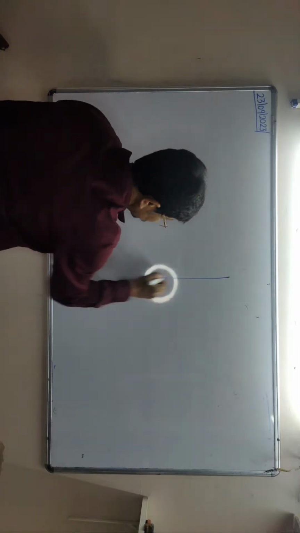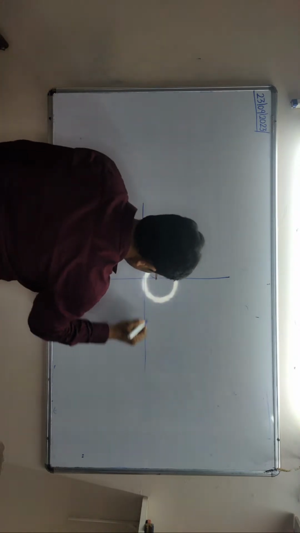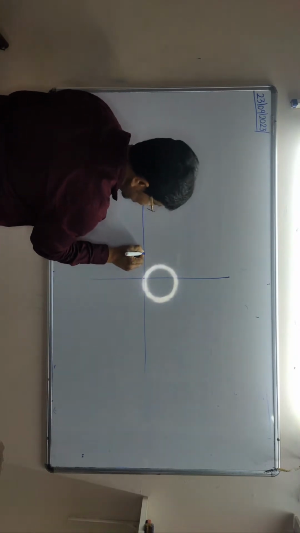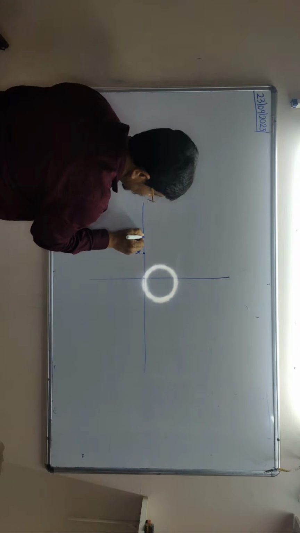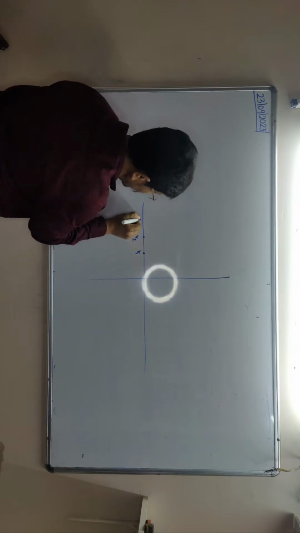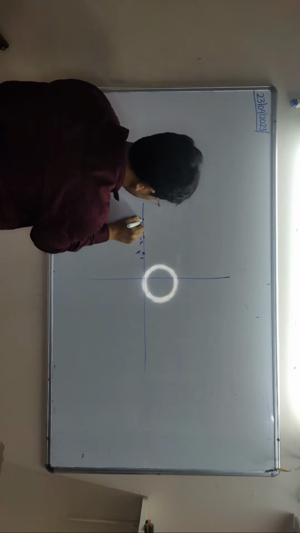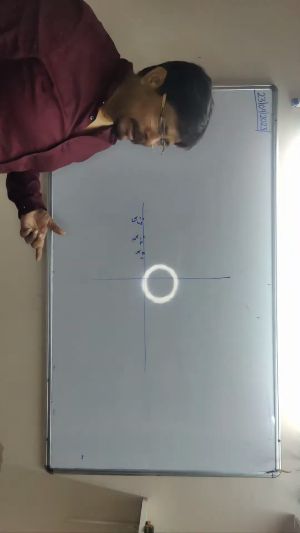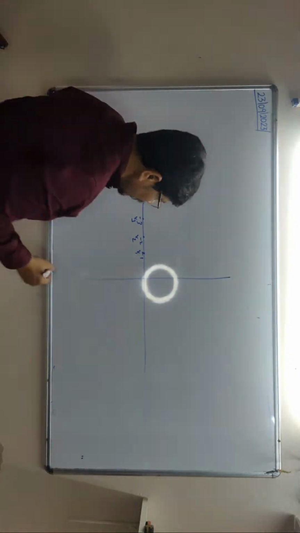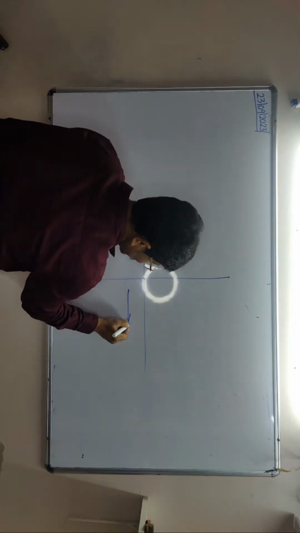Now see, this is the negative potential V1, this is the negative potential V2, this is the negative potential V3. Maybe -1, -2, -3, whatever, I don't know. But put any value. This is the zero potential and this is the potential.